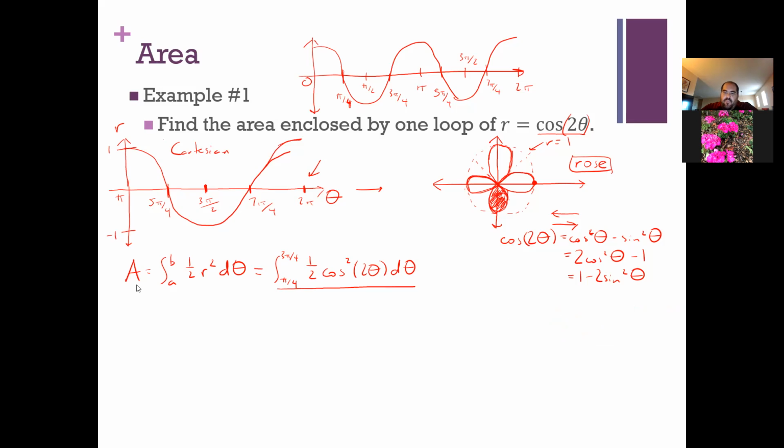Okay, so that's going to be 2 cos squared theta plus 1. So it's half, right? So it's cos squared theta is 1/4, 1/4 cos 2 theta plus 1/4.